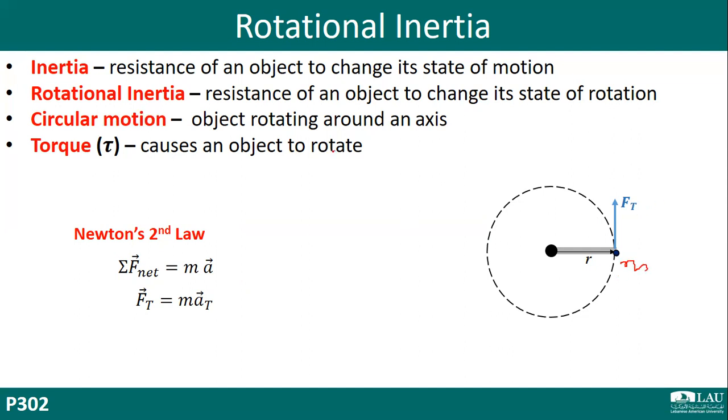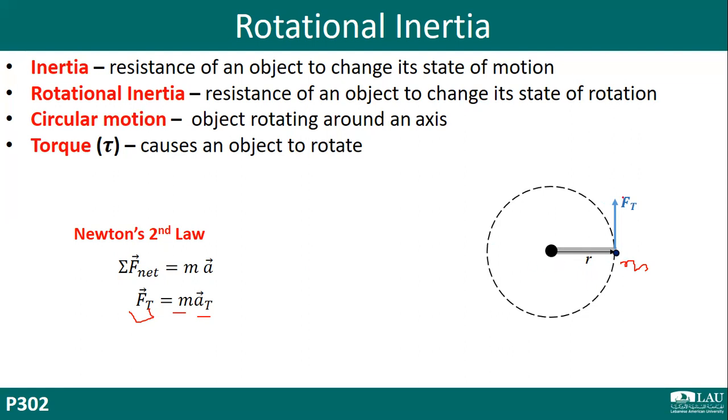In this case, Ft, the tangential force, equals m times at. Here we are considering that the other end is fixed, so the system can rotate about the central fixed point, as you can see here. So one end is free and the other end is fixed.